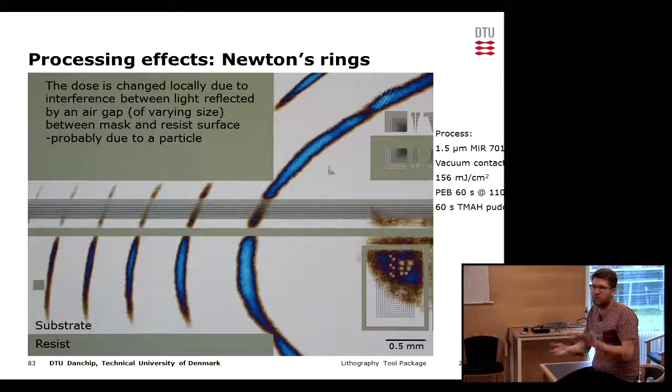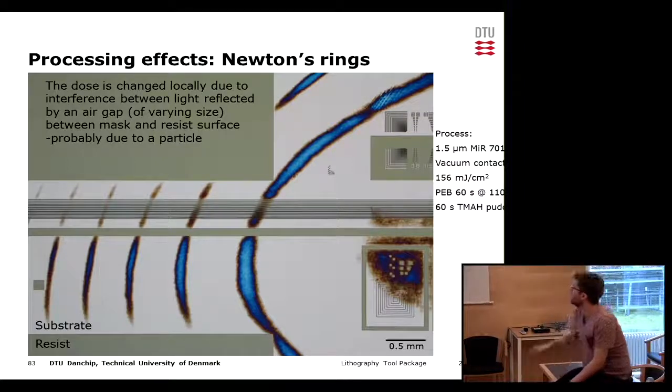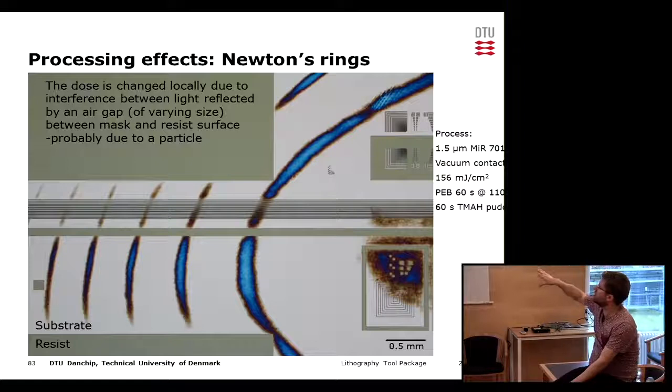And that gives you color problems. And this is something similar to it. So it's actually something that changes the dose locally due to interference in a gap between the mask and the substrate, which doesn't have the same dimension everywhere.